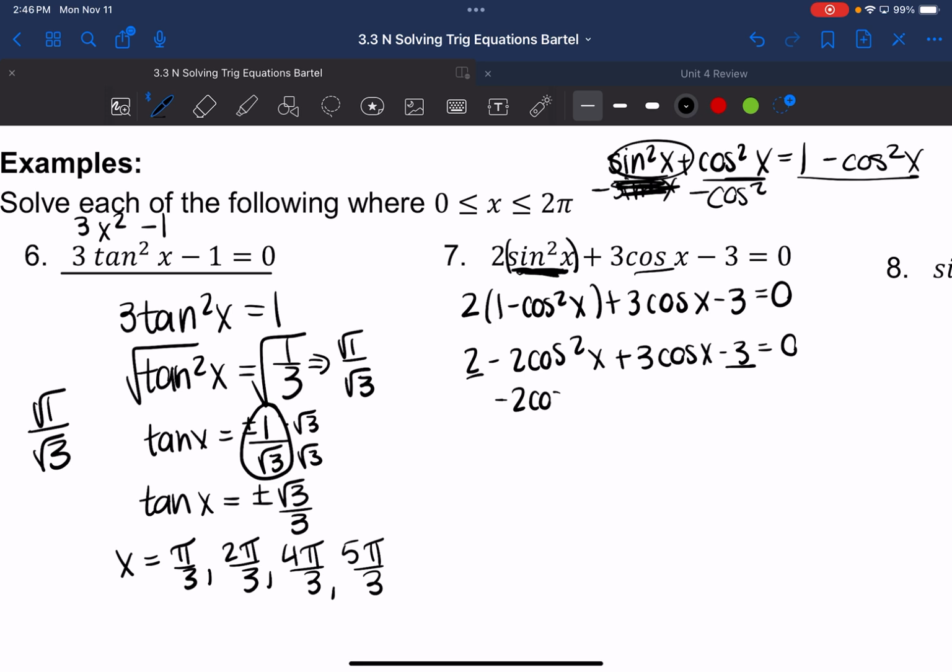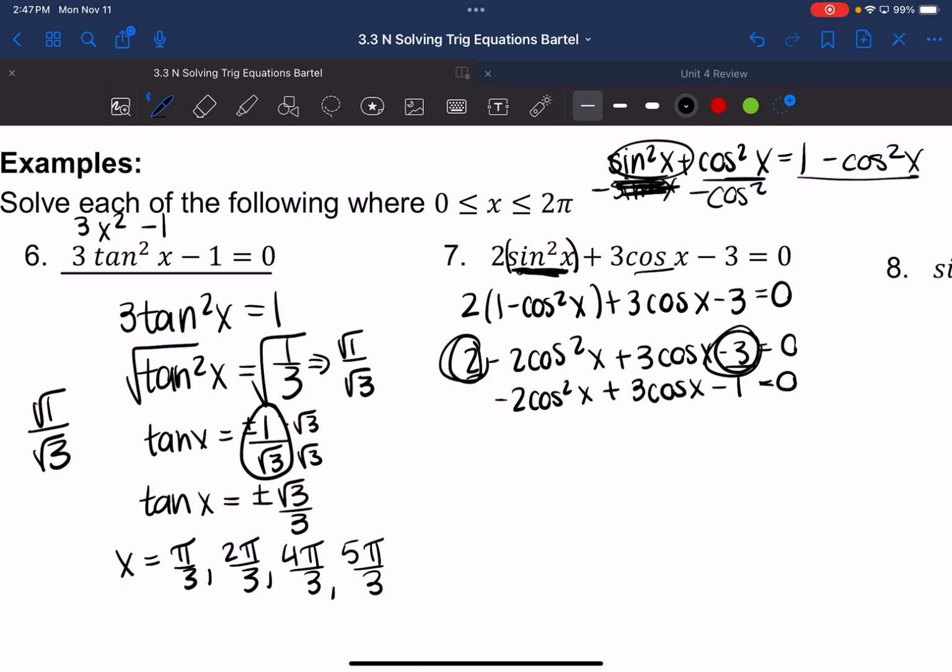So I have negative 2 cosine squared plus 3 cosine of x, and then that would be minus 1, equals 0. We just took a positive 2 and a negative 3 and put them together. So negative 3 plus 2 is negative 1.